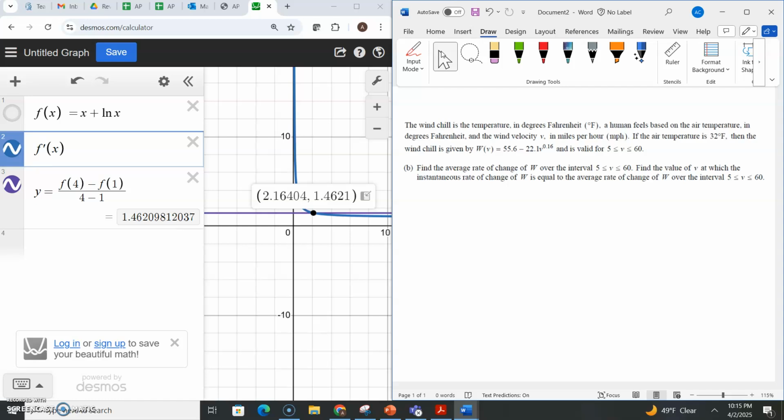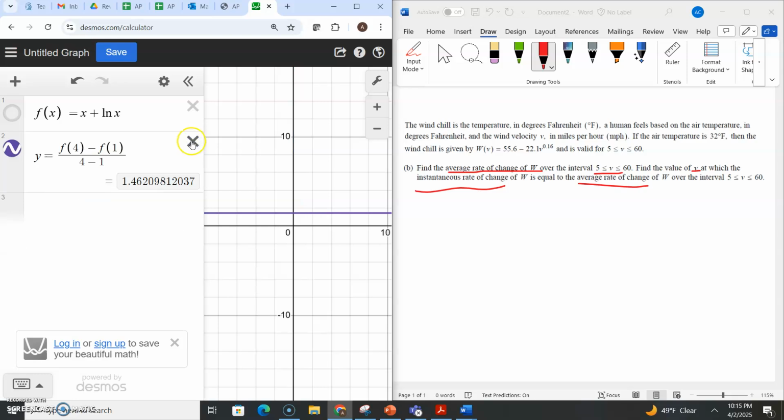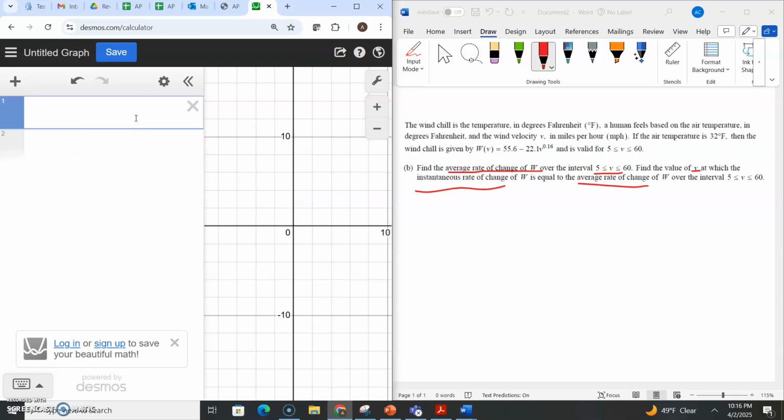Find the average rate of change of W over the interval 5 to 60, and then find the value of v for which the instantaneous rate is the same as the average. We'll start over here by graphing our function.